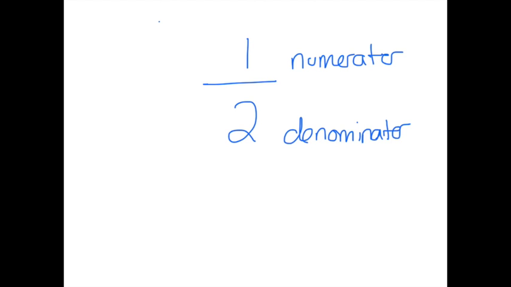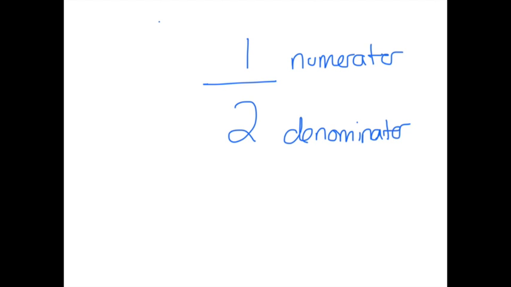Then you have the denominator. The denominator is the one on the bottom. I usually like to remember this by thinking denominator, down, down, down, down below. So we have the numerator on top, the denominator on the bottom, and we can see that emphasized here with our 1 on the top and our 2 on the bottom.